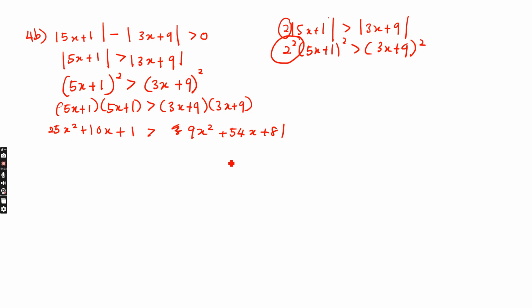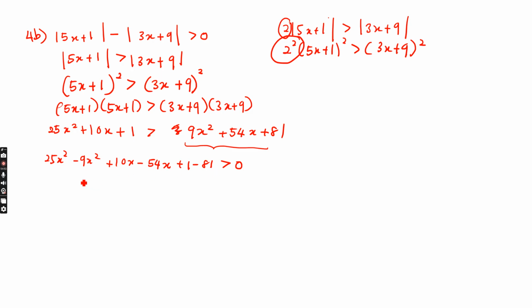When we want to solve this, we must make sure that we get 0 at the right side. We want to get 0 because this is a quadratic function. So you move all of these terms to the left side, so you will get 25x squared minus 9x squared plus 10x minus 54x plus 1 minus 81 greater than 0.